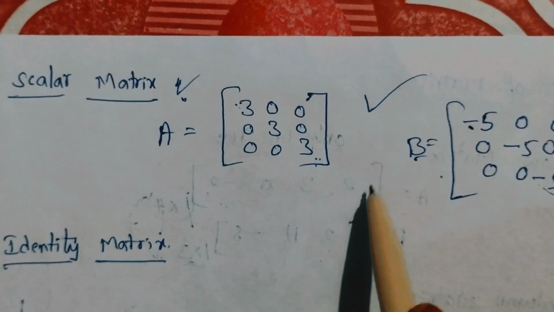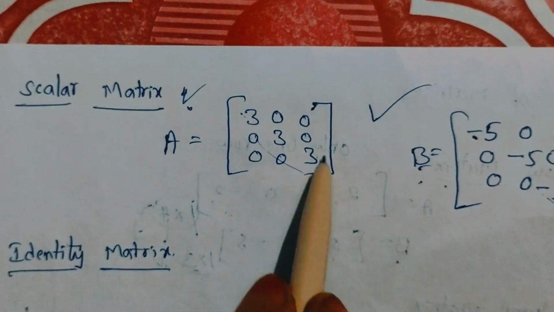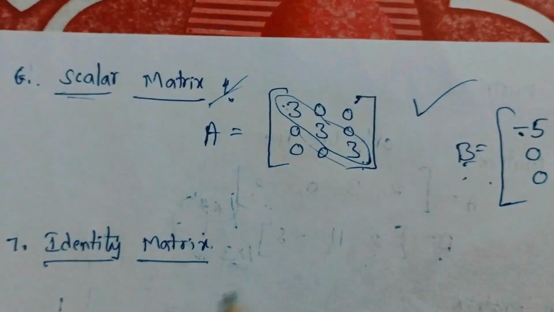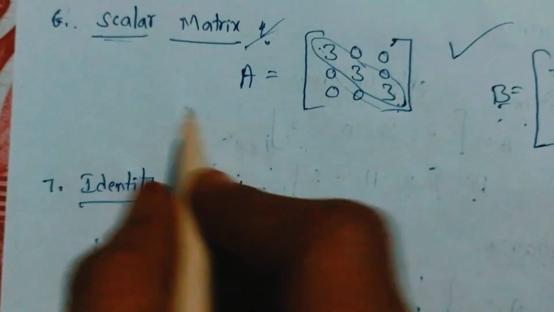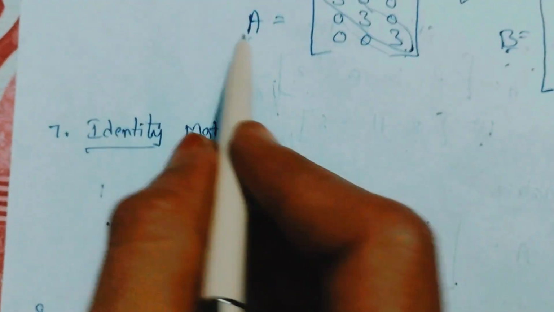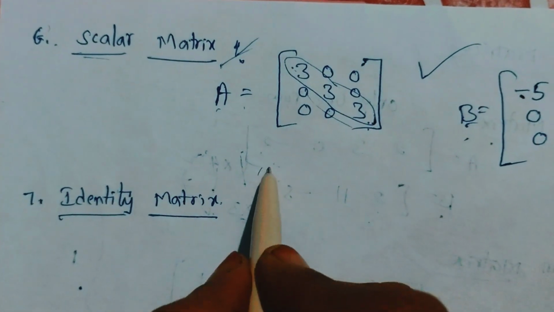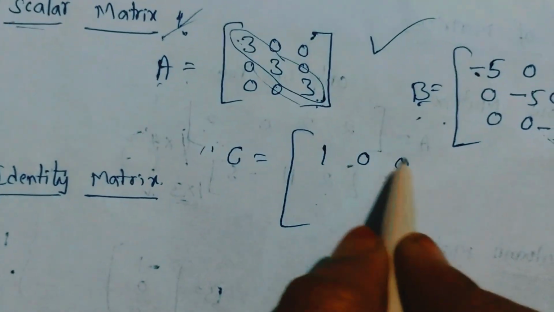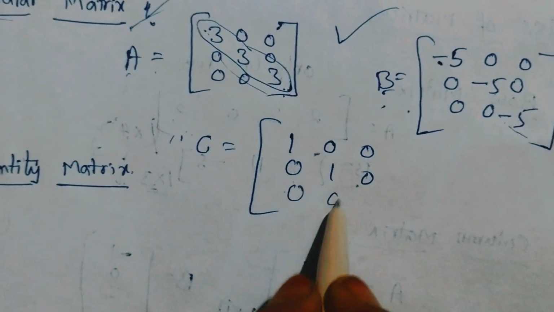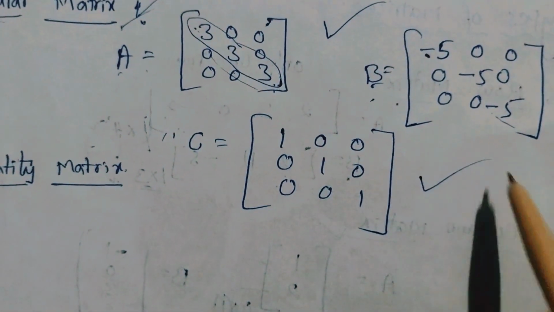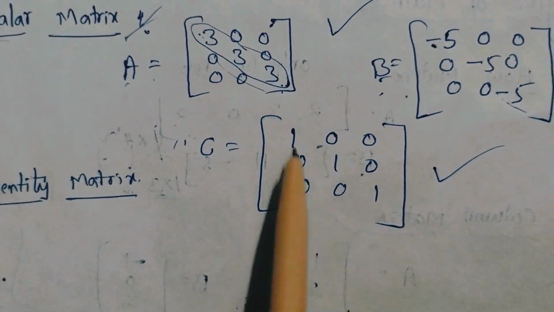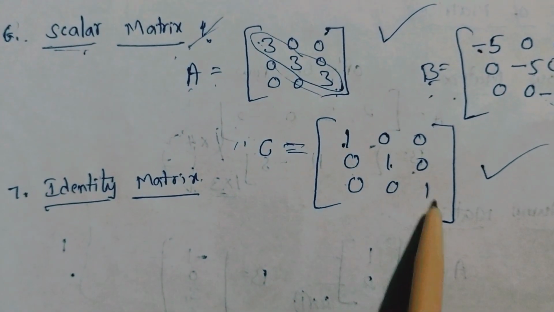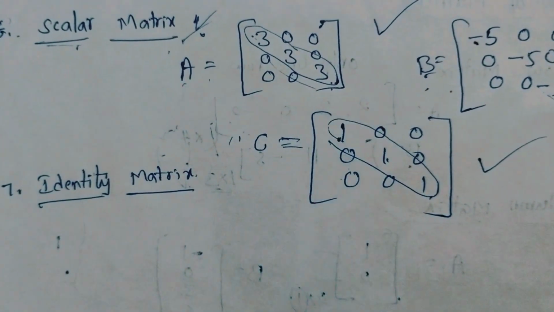It is also a diagonal matrix, but the diagonal elements are the same value. Those are called scalar matrices. Another example of a scalar matrix is 1 0 0, 0 1 0, 0 0 1. What type of matrix is it? It is a scalar matrix, because of 1, that is the same element.